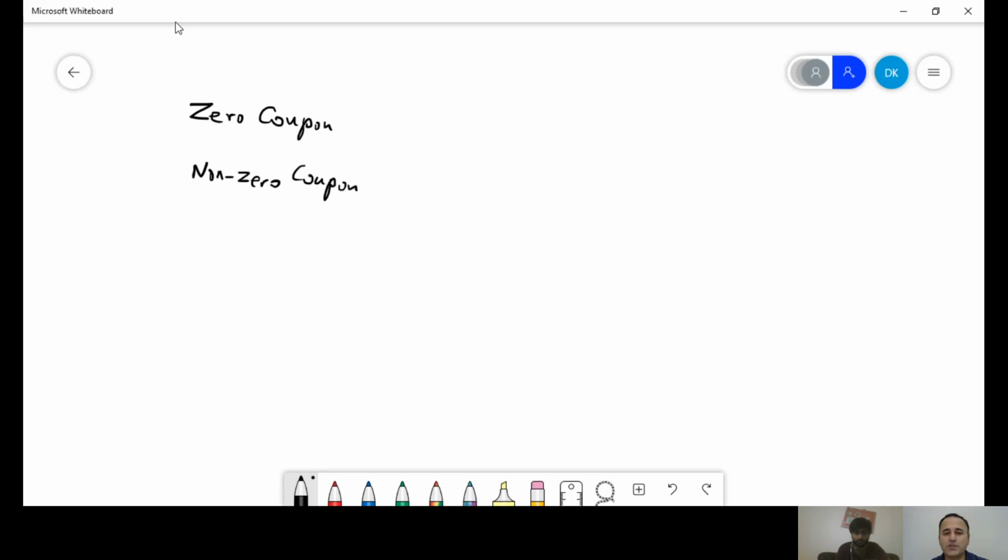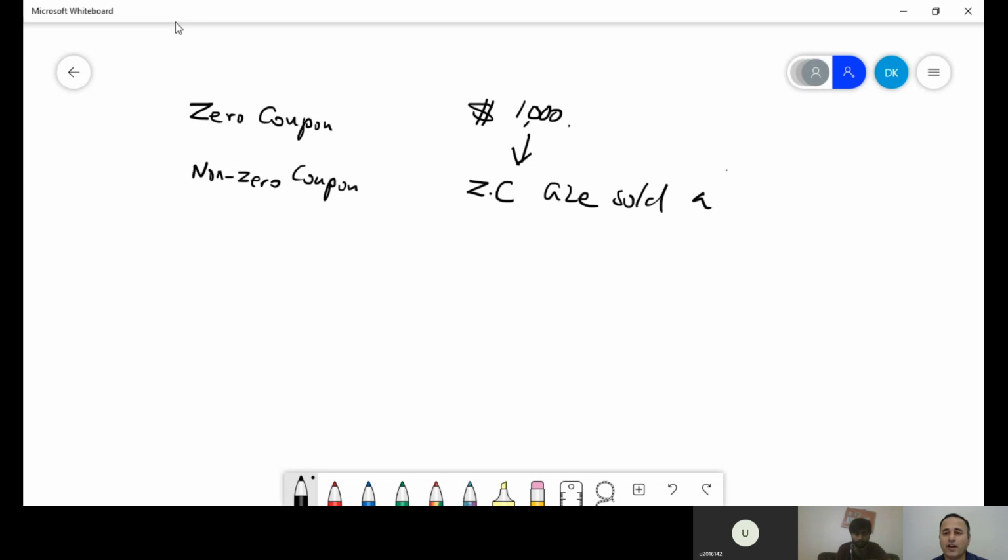Okay, in US actually, normally the face value of the bond is $1,000. Okay, so the way zero coupon works is, as I said, zero coupon. So zero coupon bonds are sold at heavy discount.